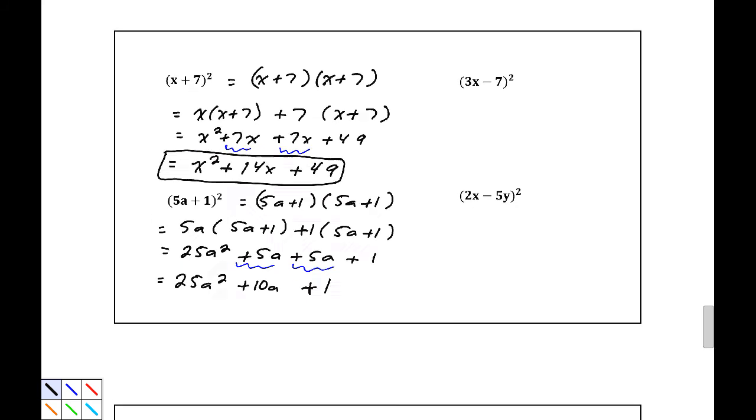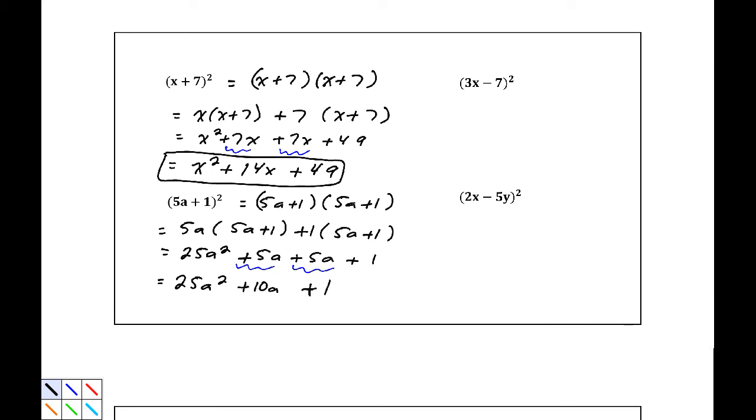Our next example of a perfect square is 3x minus 7 quantity squared, which again I will write as 3x minus 7 in parentheses multiplied by 3x minus 7 in parentheses. With general polynomial multiplication, I'll write this as 3x multiplied by 3x minus 7, multiplied by 3x minus 7.